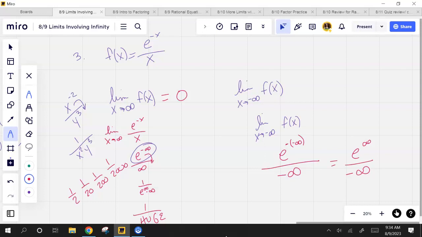What do you think's happening there? You had to guess. I've got e raised to an infinity. I would say, well, close to canceling out, but not quite canceling out. Which one's going to be bigger faster? E to the infinity or infinity? E to the infinity.